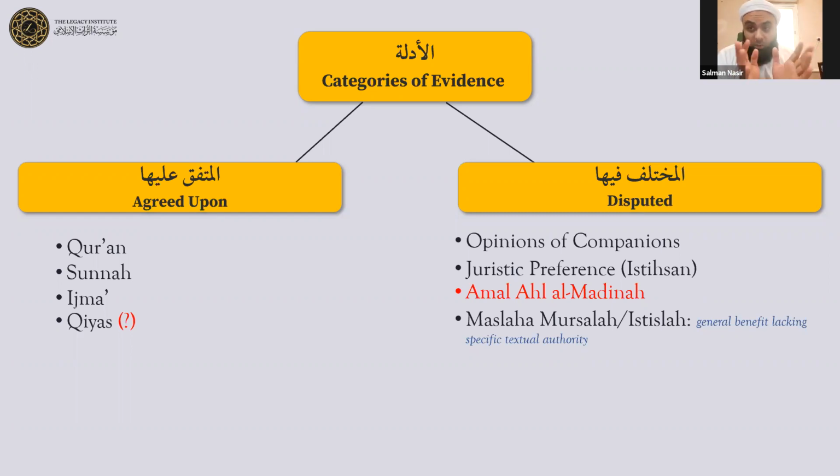But it's worth noting that with all this khilaf that exists about Amal Ahl al-Madinah, and it's a very contentious issue, according to Ibn Taymiyyah, there are some specific forms of Amal Ahl al-Madinah that are actually accepted by all scholars. And if you do a little bit of digging, you will find that there are non-Maliki scholars who have said that some forms of Amal Ahl al-Madinah are accepted as a hujjah.